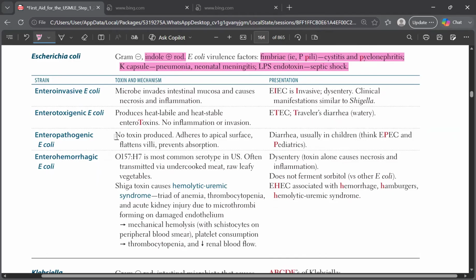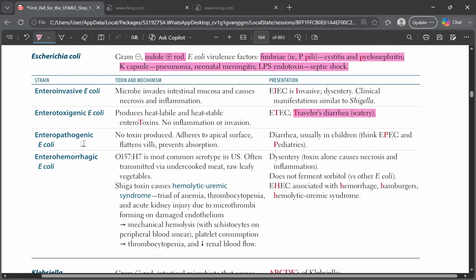Then there's enterotoxigenic E. coli that produces heat labile and heat stable enterotoxins. These were the invaders causing necrosis and inflammation. These produce enterotoxins that are heat labile and heat stable, and there's no inflammation or invasion. They cause traveler's diarrhea, which is watery diarrhea. The invaders were causing diarrhea similar to Shigella or dysentery.